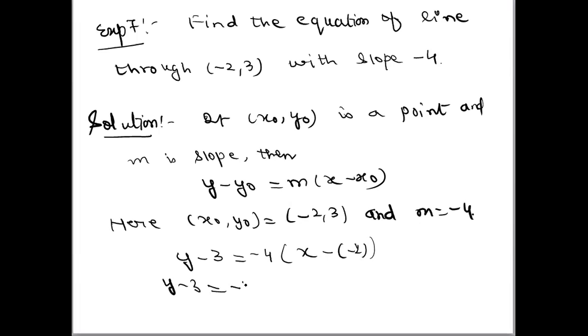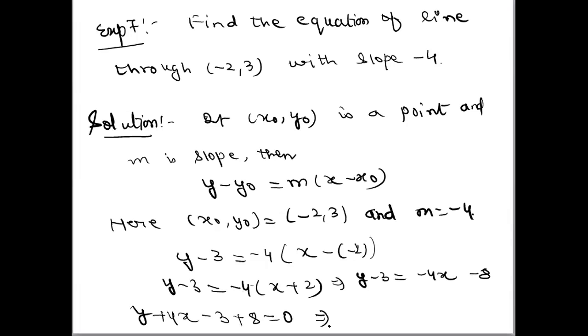So y minus 3 is equal to minus 4, x plus 2. अब इसको सिंप्लीफाई कर लो. y minus 3 is equal to minus 4x minus 8. Bring the 4x over: 4x plus y minus 3 plus 8 is equal to 0. This implies you can write it as 4x plus y plus 5 is equal to 0, which is the required equation of line.